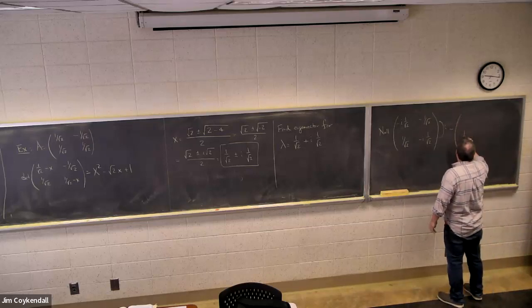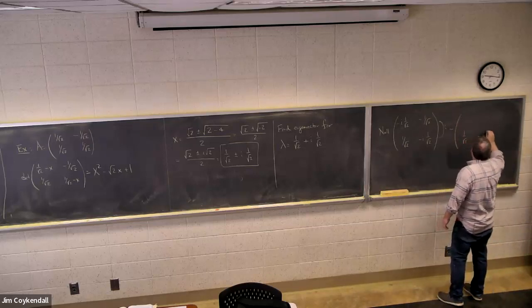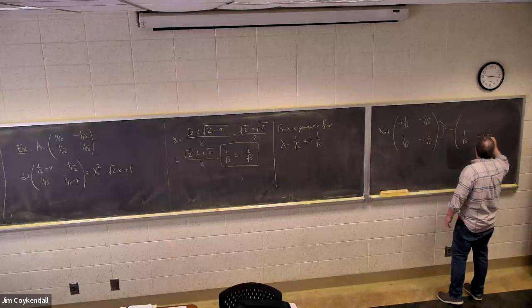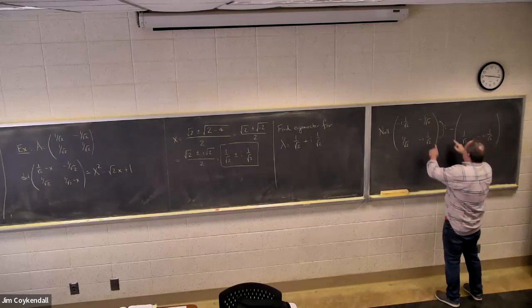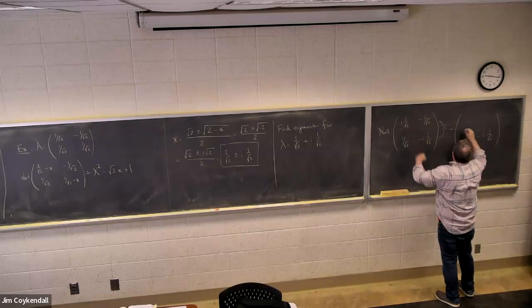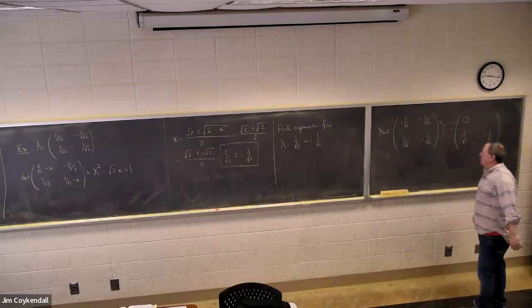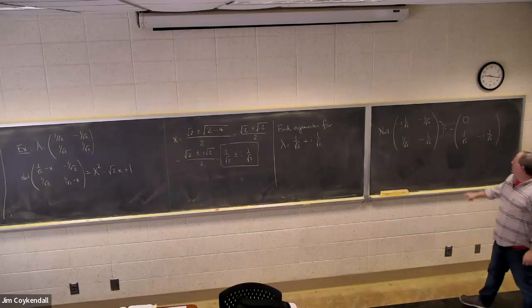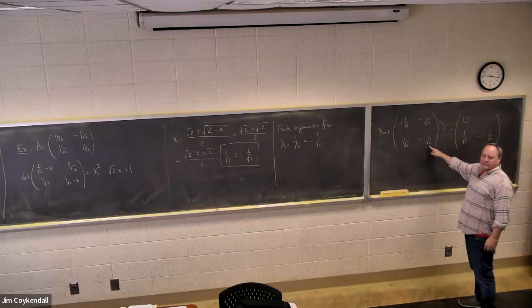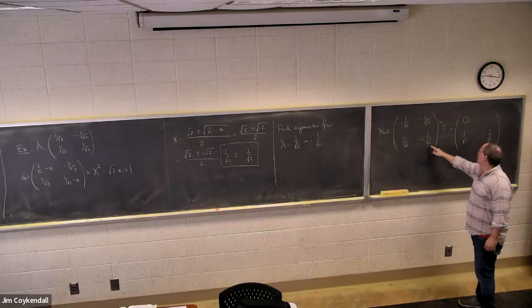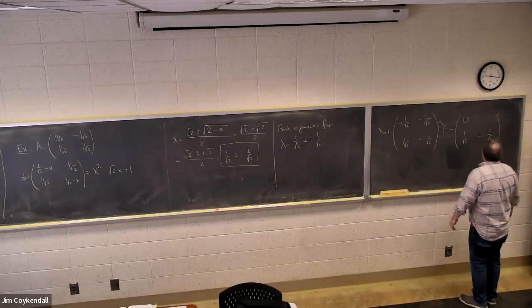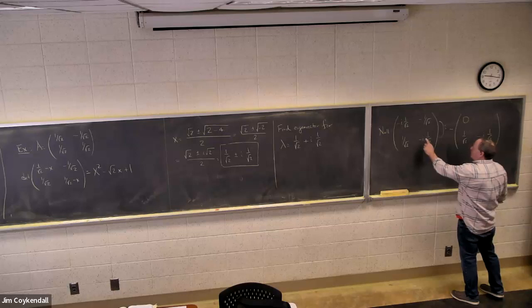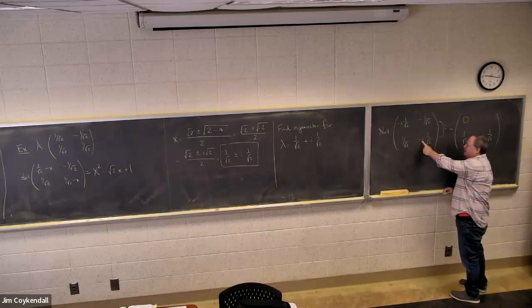So I'm going to have 1 over radical 2 minus i over radical 2. When I multiply this by i and add up here, I get 0. What happens when I multiply minus i times 1 over radical 2 by i? That's right, i times negative i is positive 1.